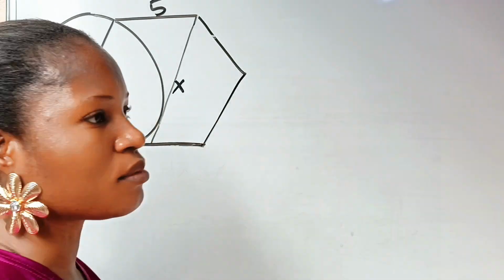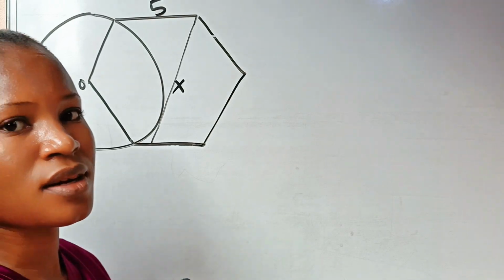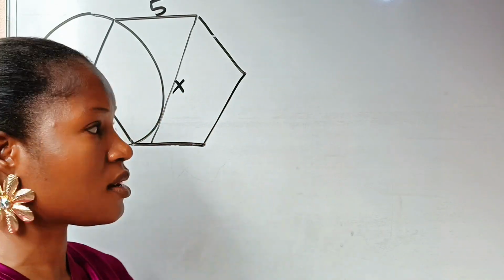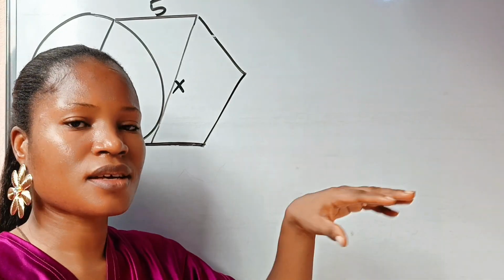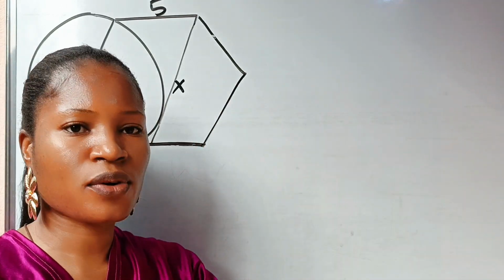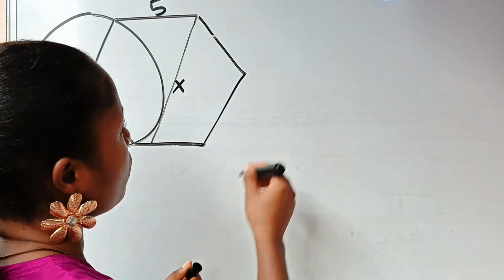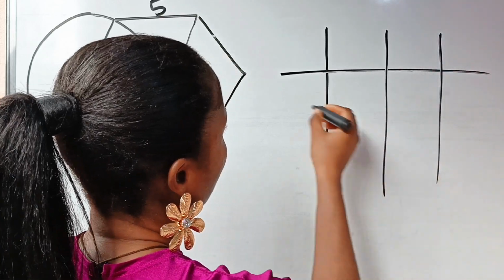I don't like memorizing things, or will I say I forget a lot. So I have a pattern of remembering anything I'm doing in terms of my formulas. So I need to write out sine 30, 45, and 60. I will make a table.